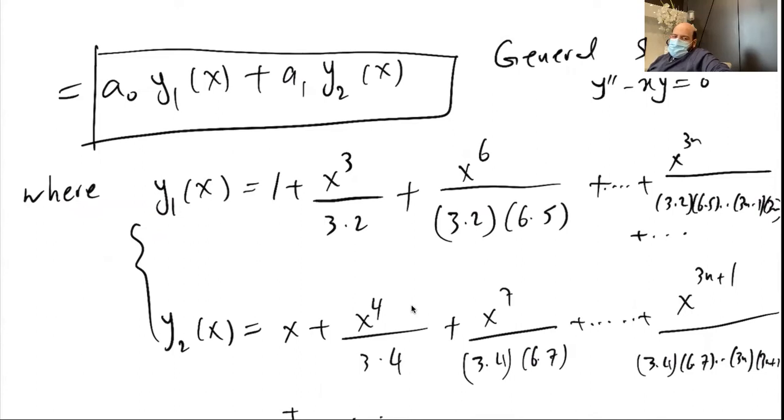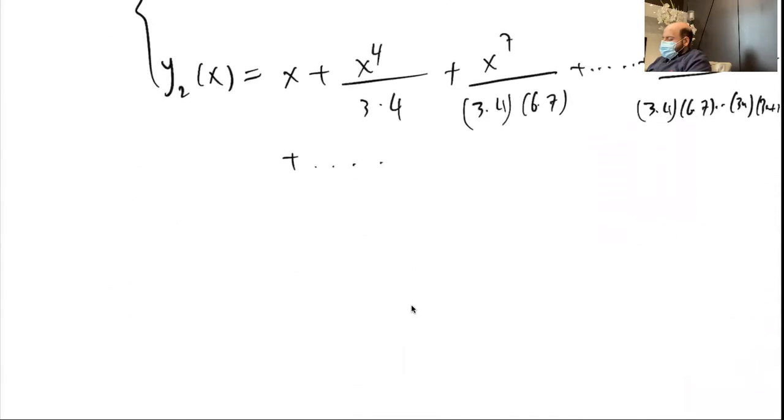For the example before that, we could write the series as e to the x. But this one, the series, we have to leave as a series because we cannot write it in terms of elementary functions. We cannot write it in terms of sine x, cos x, e to the x, and it's not a polynomial either. So we have to leave it as it is.